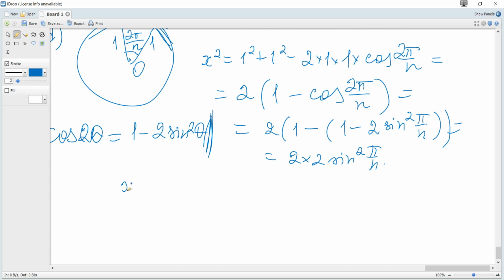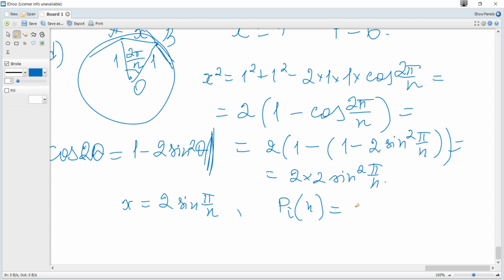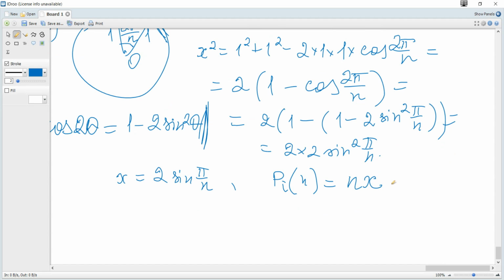Hence x is the square root, so it's just 2 sine of pi over n, and the required perimeter becomes just multiply by n, so it's nx, and it becomes 2n sine of pi over n as required. E.